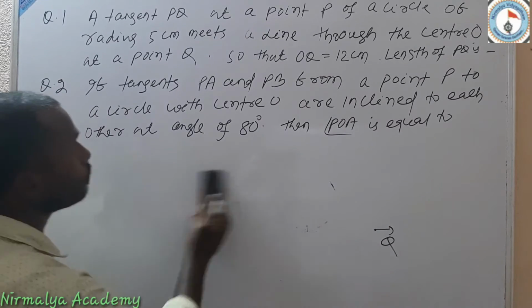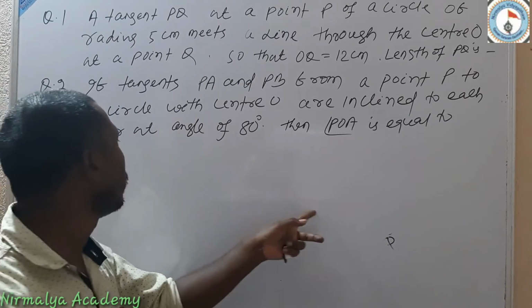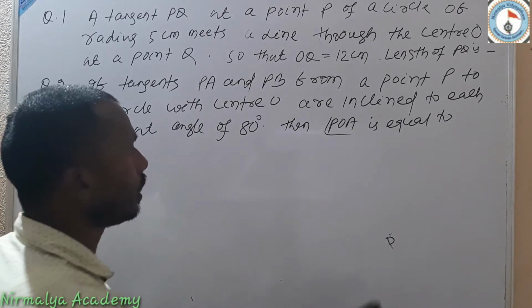Next, question number 2. If tangents PA and PB from a point P to a circle with center O are inclined to each other at an angle of 80 degrees, then angle POA is equal to.